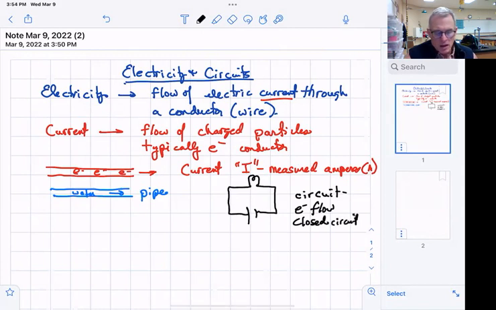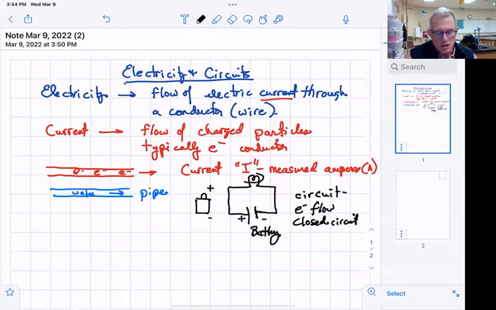In order to have a circuit, you need some kind of power source, some sort of source of potential difference. That's your battery or some kind of power source. The battery has a plus and a negative pole. If you've ever looked at a typical battery, it has a little nub at the top. That's positive, and at the bottom, it's negative.